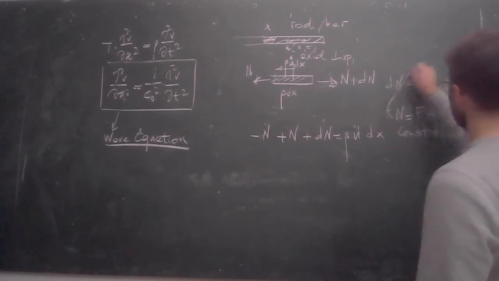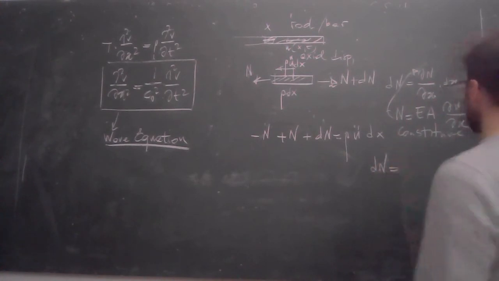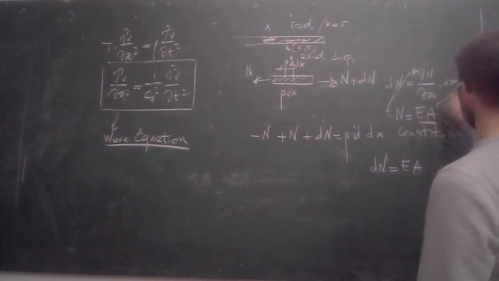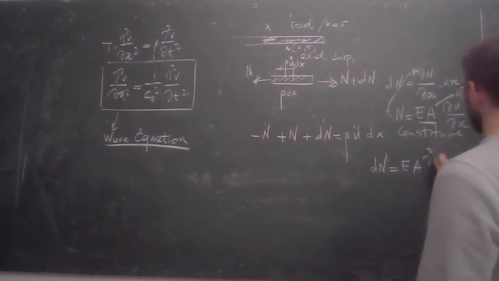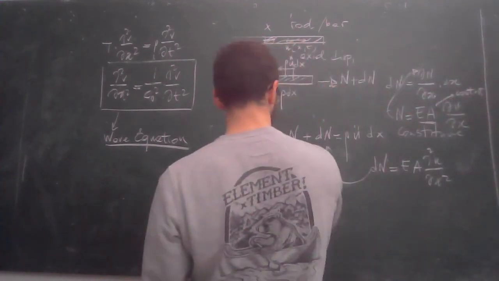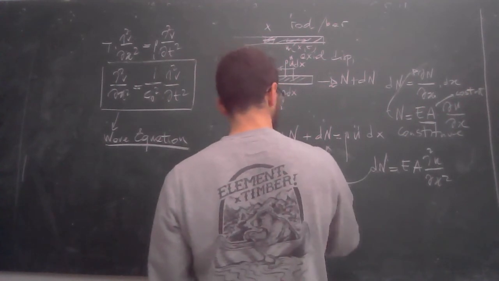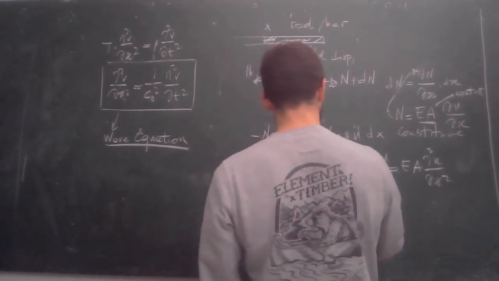So if we plug this term inside this one, we have dN is equal to EA, if EA is constant, the second derivative of u over dx squared. So substituting inside, we have EA d2u over dx squared is equal to rho d2u over dt squared.